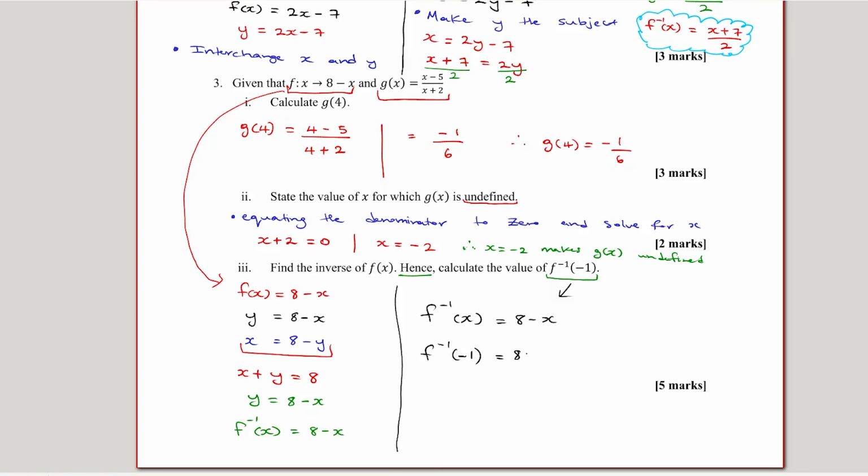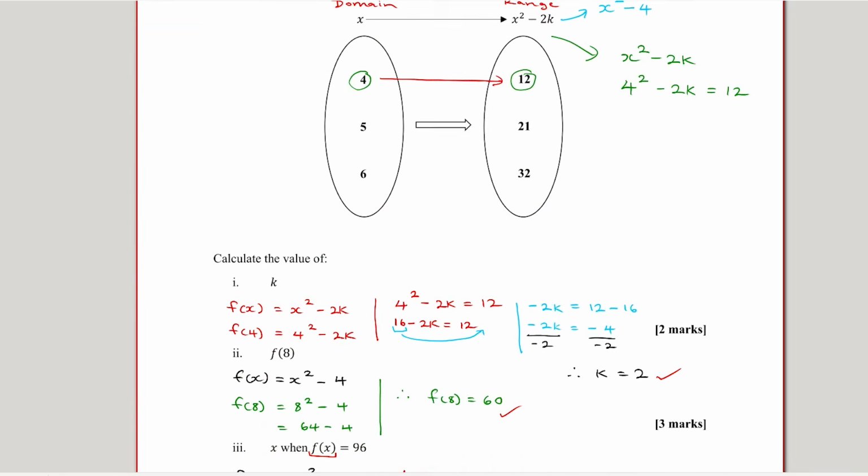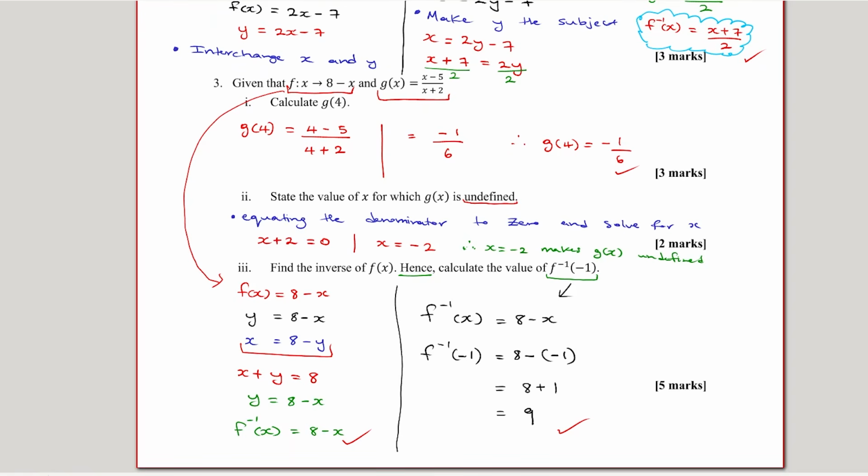So this is 8 minus, remember the minus sign is here, x is -1, so this is 8 plus 1, and that's 9. And that's how you'd go about getting your full marks for that part of the question. Alright, so that's it, and that's what you should expect for the test: finding the inverse, substituting the value, undefined, and so on. So all the best.